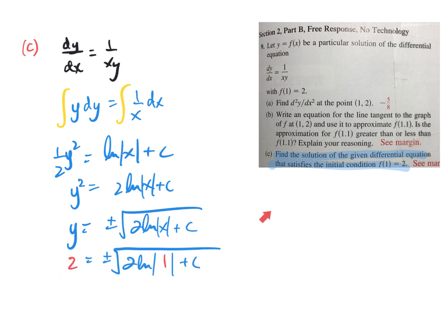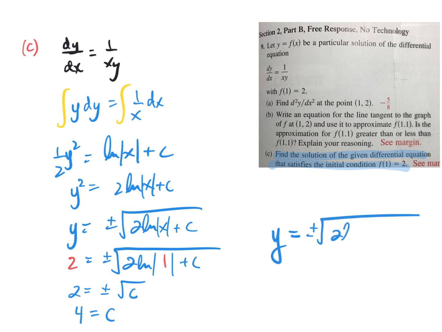Substitute in our point when x is 1, y is 2, and solve for c. Square both sides, and there we have it. y equals positive or negative square root of 2 times the natural log of x plus c, which is 4.